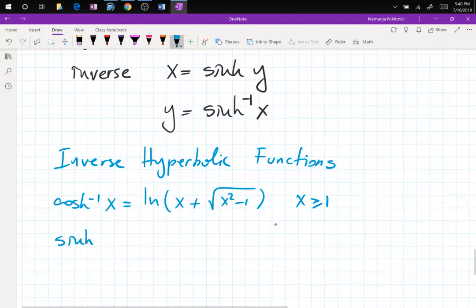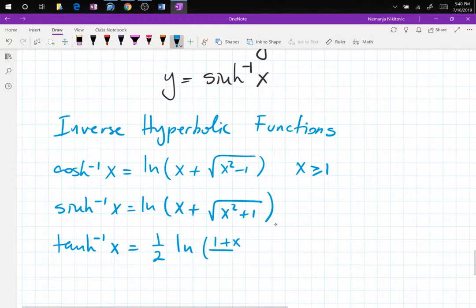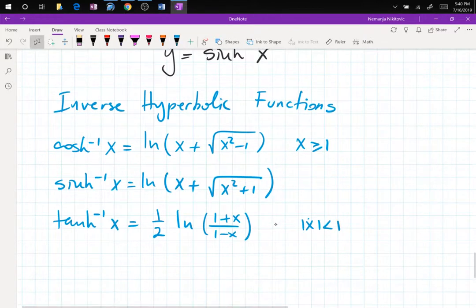Sine hyperbolic inverse of x is the same thing, just plus under the root. So ln of x plus square root of x squared plus 1. Tangent hyperbolic inverse of x is going to be 1/2 ln of (1 plus x) over (1 minus x) for absolute value of x less than 1, so it works only between 1's.